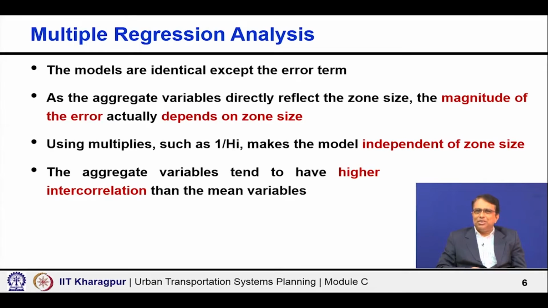So that is why the error term distributions are also different. In the first case you have to remember that if you are using aggregate variables, the magnitude of the error actually depends on the zone size, and once you use a multiplier 1 by H_i, that means using the variables as rates rather than totals, you are making the model independent of zone size.